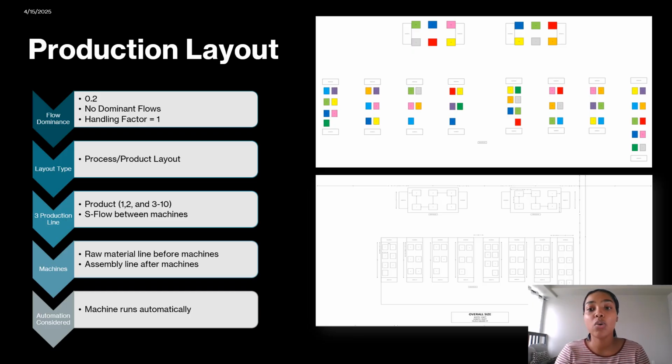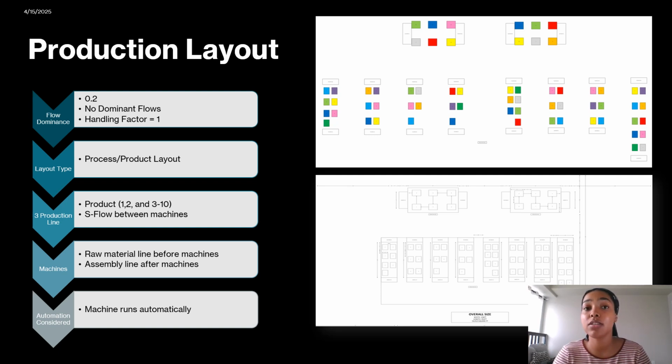An S-shaped flow pattern is followed between machines to ensure smooth movement of materials and to reduce congestion. A raw material line is positioned before each production line. An assembly line is positioned after the final machines to complete product assembly. Automation has been taken into account.